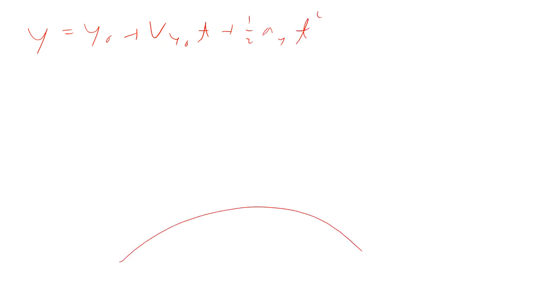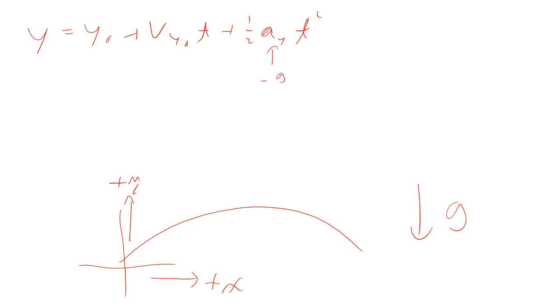Again, the ball is doing this, and we know the only acceleration is down. So if I put my origin where we start, and I say this way is positive x and up is positive y, that means that a sub y, the y acceleration, is minus g.